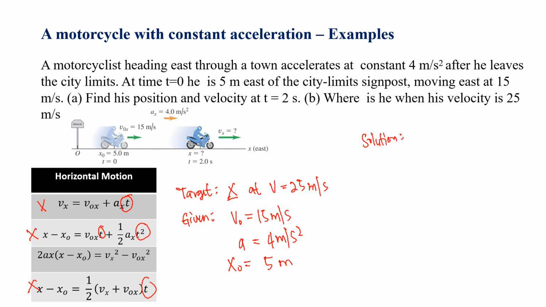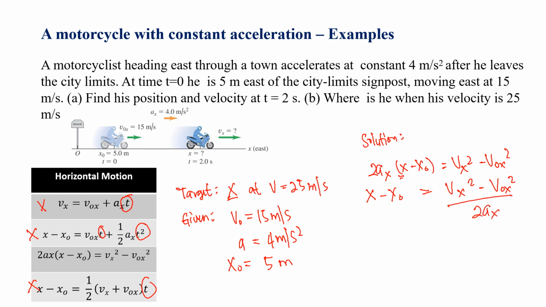Let's solve the problem. We have 2a times x minus x naught equals v squared minus v naught squared. You want to find your x, so we take this out of the equation. So you have x minus x naught, and dividing both sides by 2a, we have v squared minus v naught squared divided by 2a.